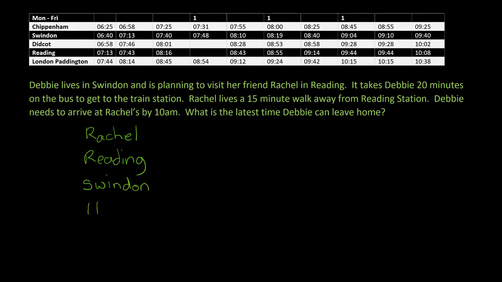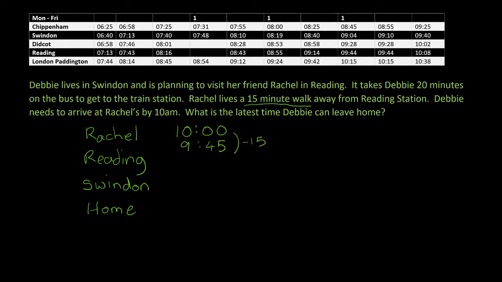Before that she leaves home. She needs to get to Rachel's for 10 a.m. She needs 15 minutes to walk to Rachel, so we need to take 15 minutes off that. That will take us back to 9:45.